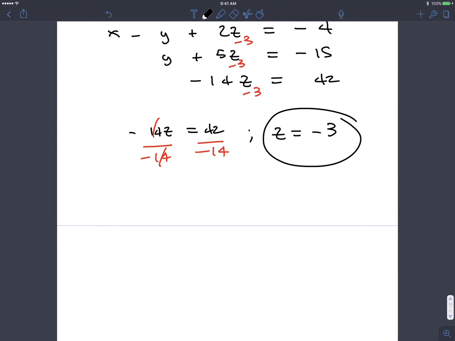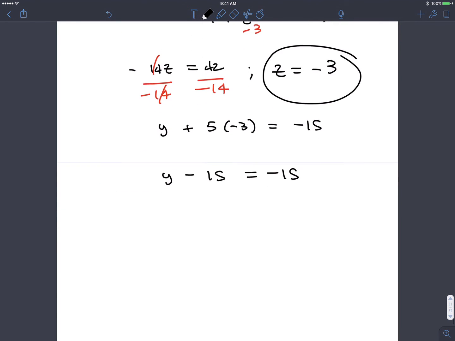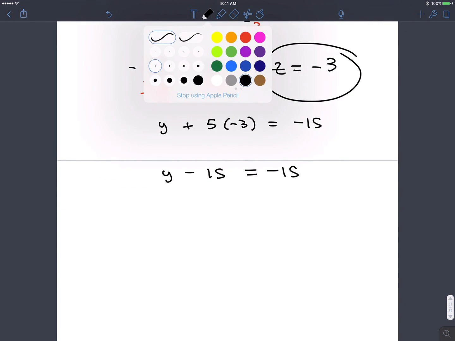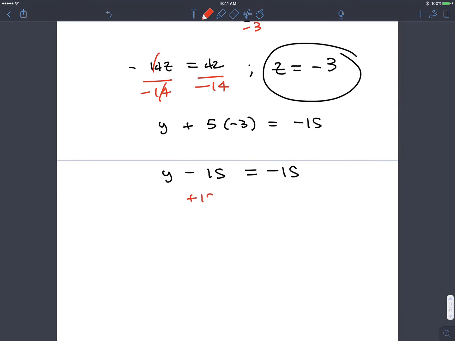We now have y plus 5 times negative 3 will be negative 15, or y minus 15 is negative 15. I'm going to add 15 to both sides. I'm going to get y equals 0.